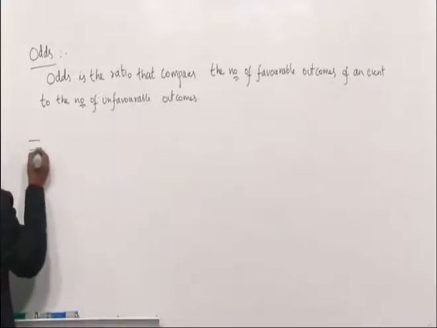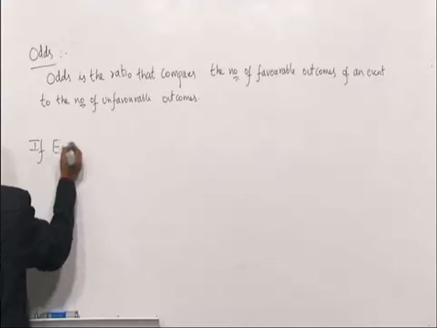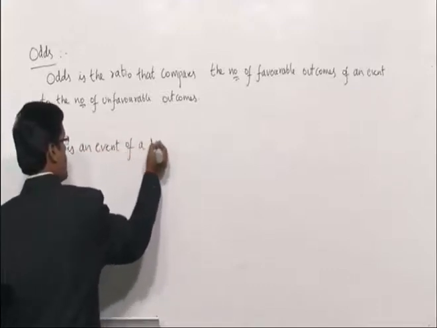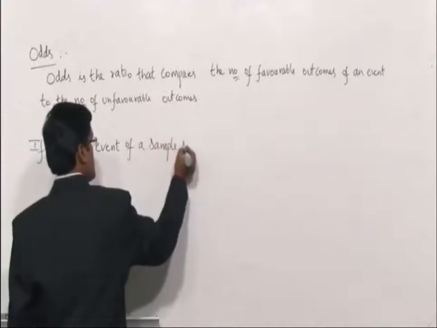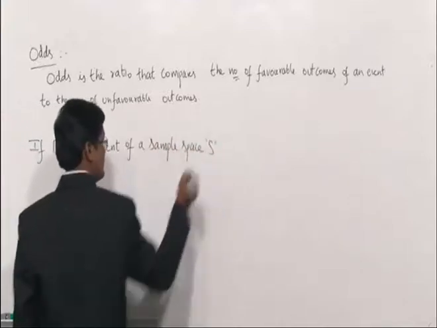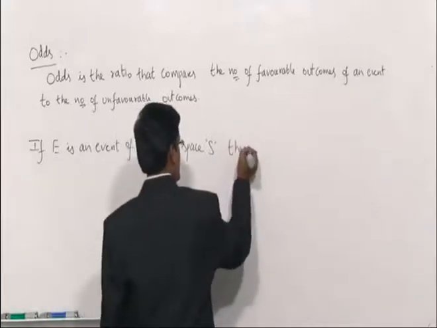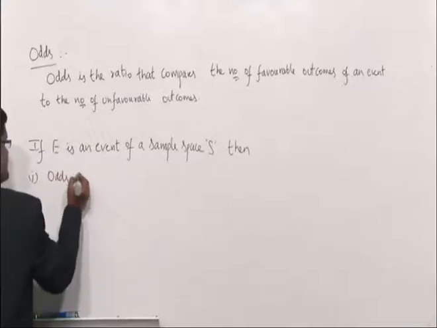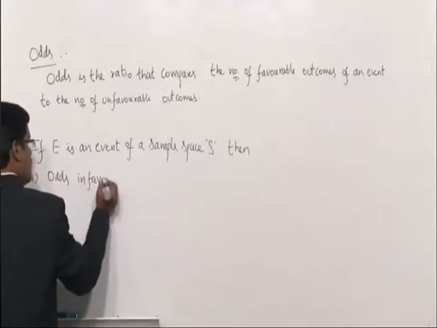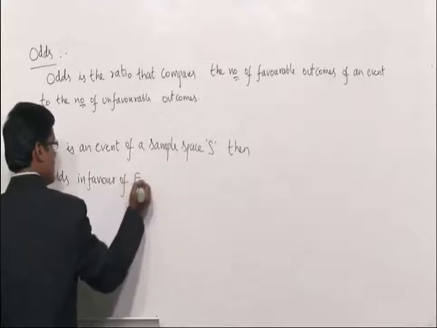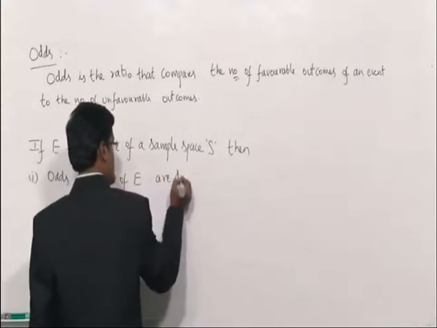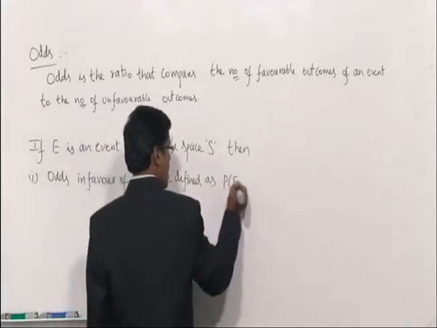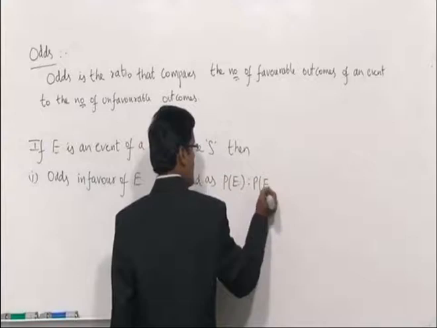Next, if E is an event of a sample space S, then one, odds in favor of E are defined as P of E ratio P of E bar.